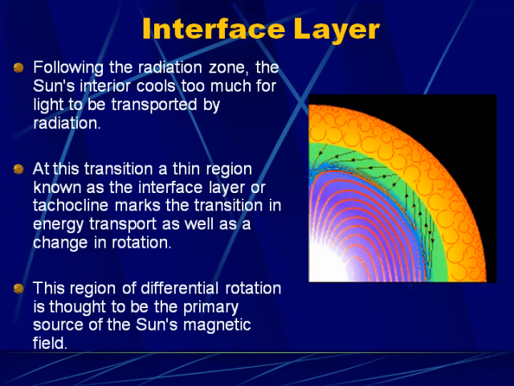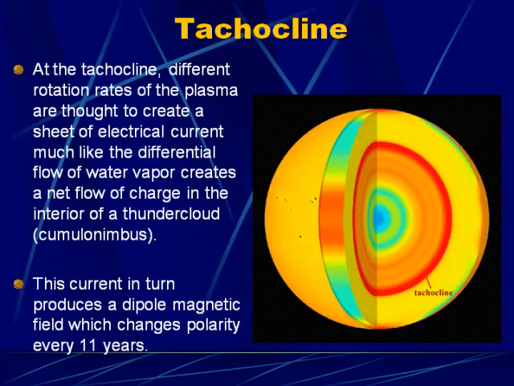Now, below the convection layer and right above the radiation layer is something called the interface layer. It's also known as the tachocline. The reason for this is the sun actually rotates slightly differently in the convection layer than it does in the radiation layer. Because convection is taking place right here, all the gas pretty much has to move together.